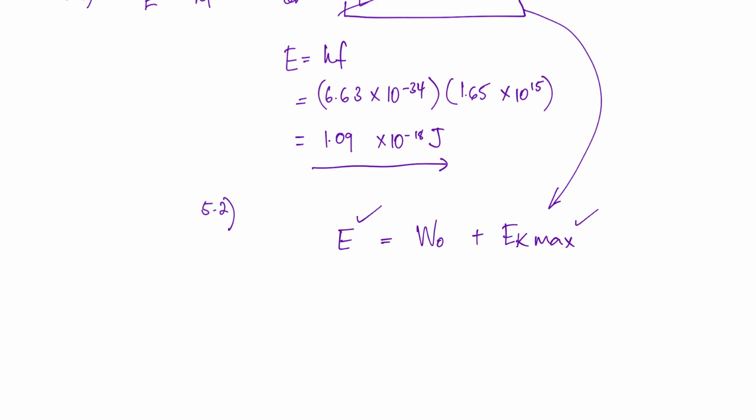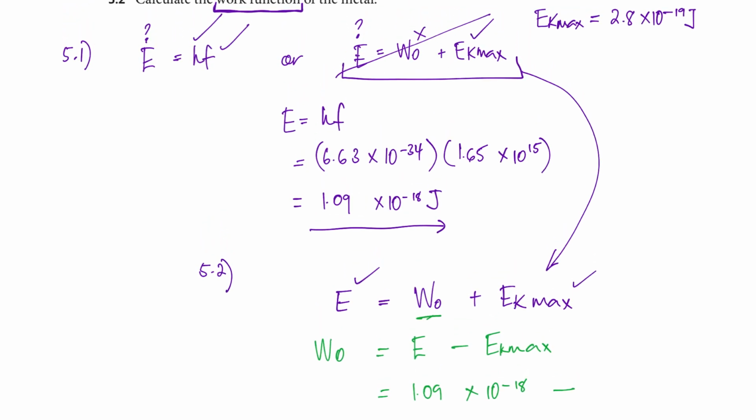What I can do, if I want to, is manipulate this formula to make work function the subject, and I can say W0 is equal to the energy of the photon minus the maximum kinetic energy. So my energy of the photon was 1.09 times 10 to the power of negative 18 minus your EK max, which was 2.8 times 10 to the power of negative 19.